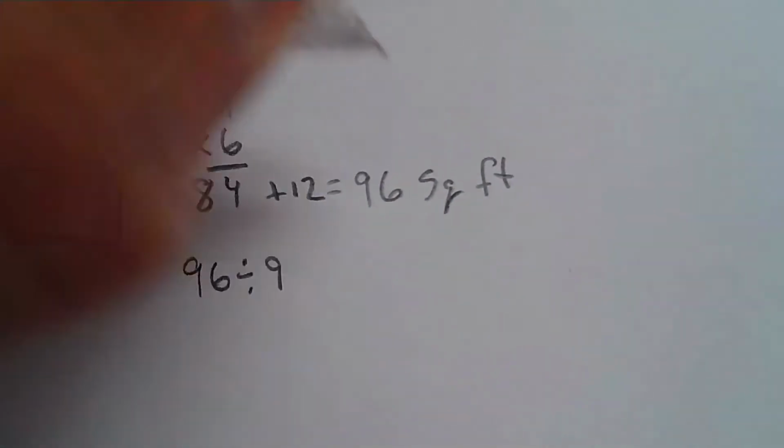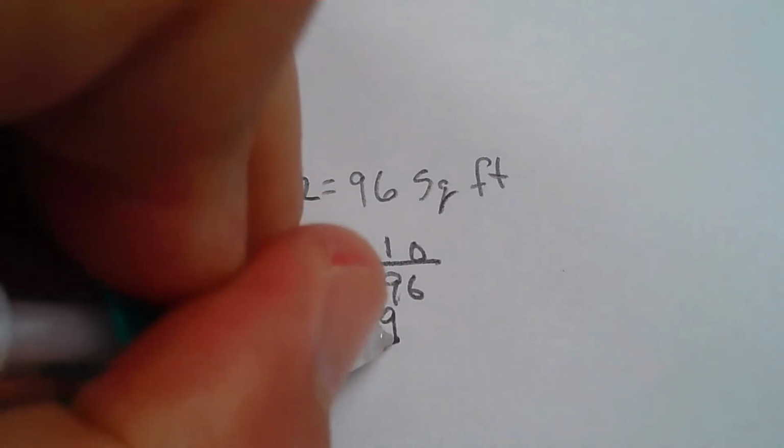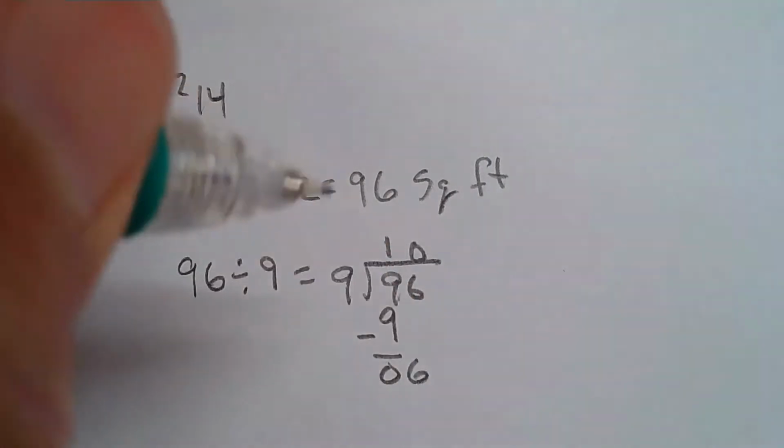So it would be 96 divided by 9, which is, 9 going into 96, which is 10, because that's 90, and the 6 left over goes in 0 times.